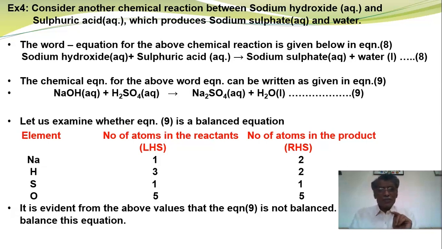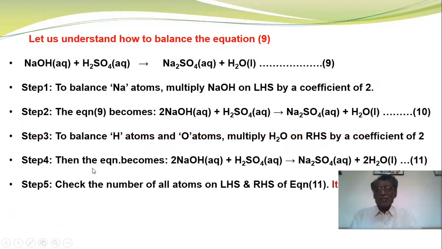Let us examine whether equation 9 is a balanced equation. You see, sodium is not balanced, LHS 1, RHS 2. H is not balanced, LHS 3, RHS 2. S and O are balanced. So we have to balance both sodium and hydrogen.